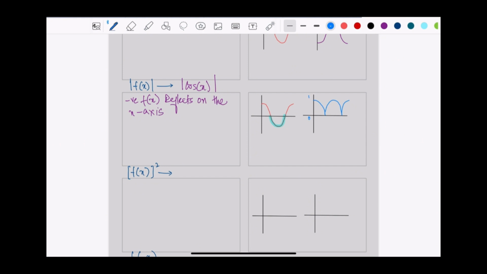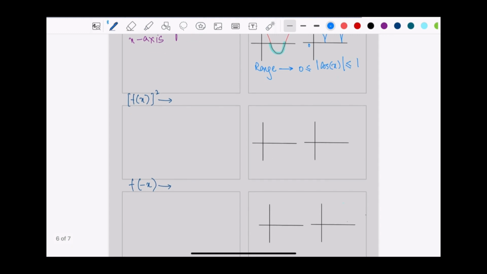So it's a reflection, and the range of this function will be from 0 is less than or equal to modulus of cos of x is less than or equal to 1. For cos squared x, since there's a square function added to it, all the negative values turn positive and the amplitude is squared.